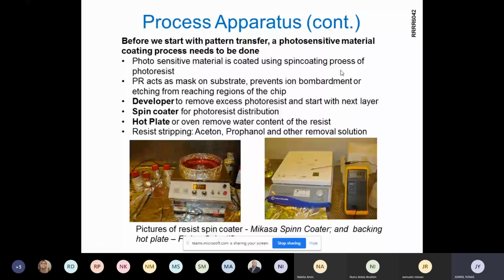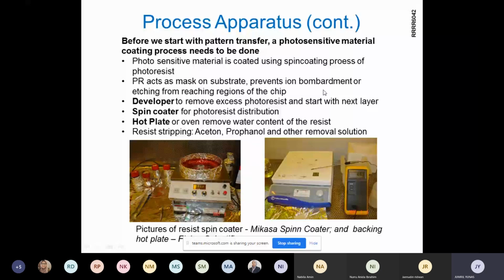Photoresist acts as a mask on the substrate to prevent ion bombardment or etching in certain regions of the chip. And then we also need a developer to remove excess photoresist, and we can start with the next layer.